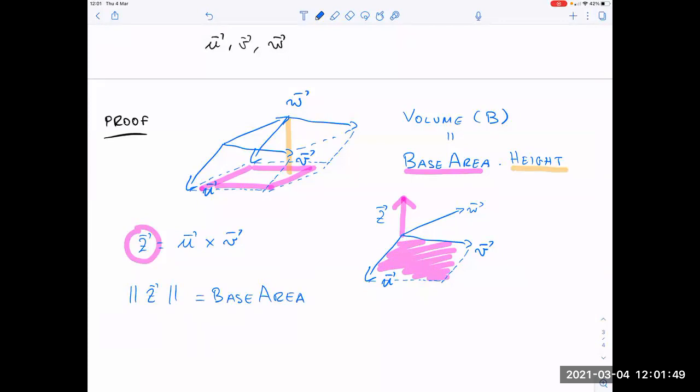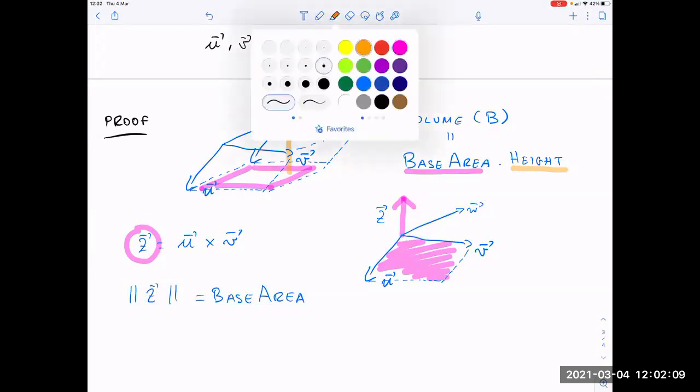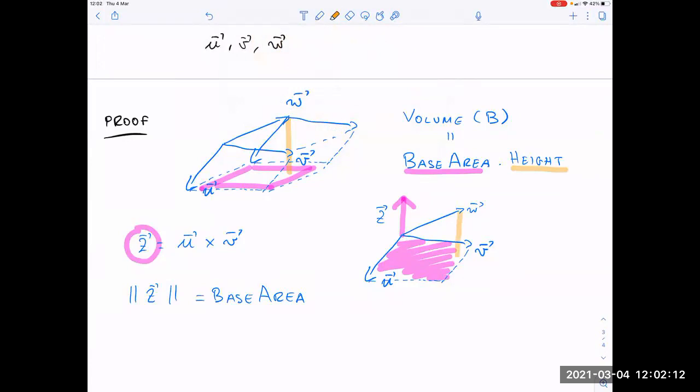And if you note, Z is parallel to the height of the box, right? It is parallel to the height of the box. So the box usually does not have height W, because W is not orthogonal to the base, but Z is. So note that Z is parallel to the height. So how do I produce the height of the box having Z?